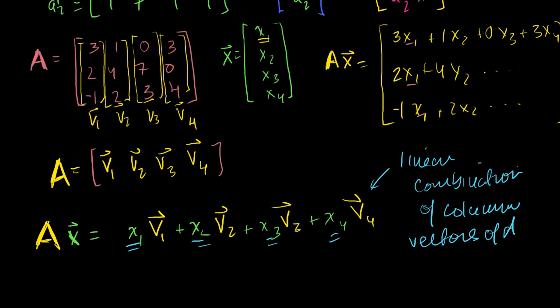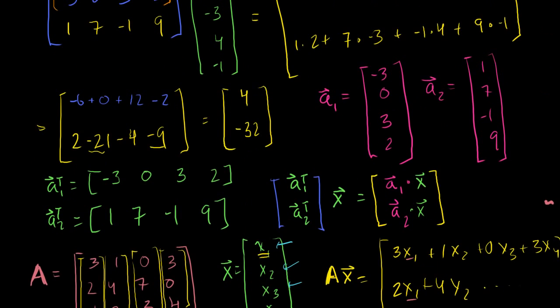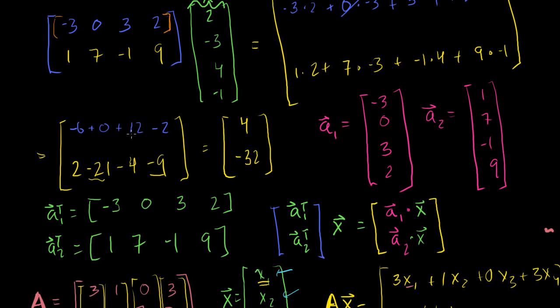But you can interpret it as a weighted combination or linear combination of the column vectors of A, where the vector x dictates what the weights on each of the columns are. Or you can interpret it as the dot product of the row vectors of A with your vector x. So these are both completely valid interpretations.